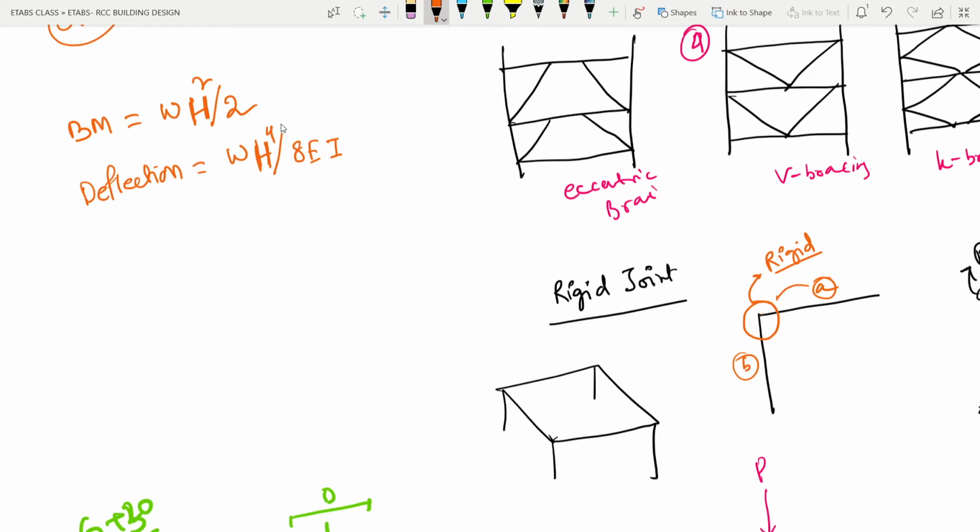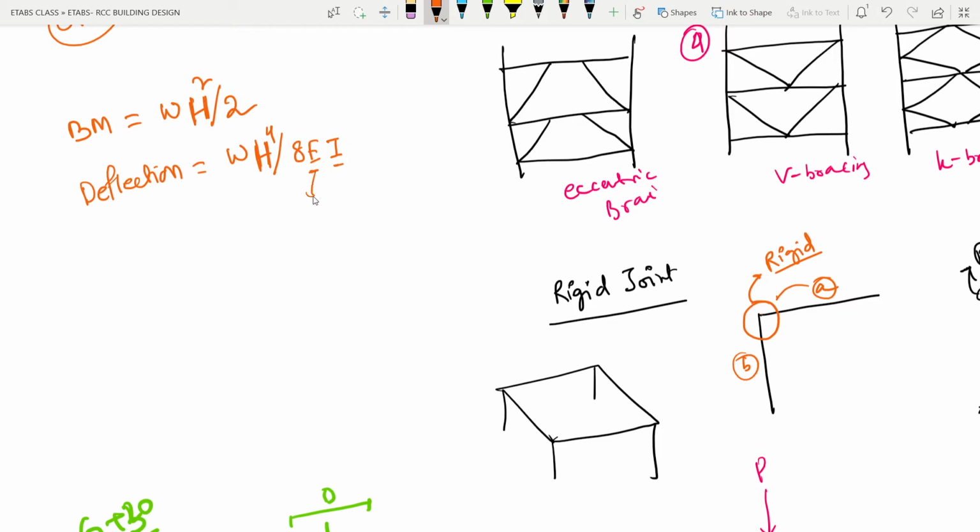Now, how can we reduce this deflection of the shear wall? To reduce the deflection, we have only two things here, E and I. E is the modulus of elasticity of the material, and I is the moment of inertia.